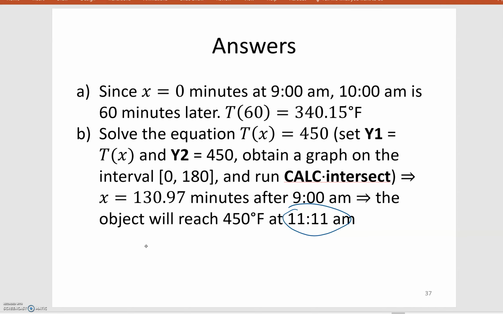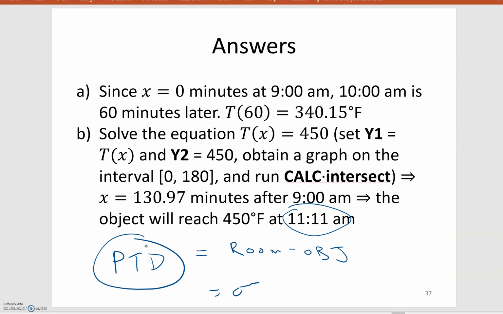Okay, so that completes section 5.3 in our discussion of Newton's law of heating and cooling. I do find that people tend to miss these problems a lot, and I think it really comes down to understanding the fact that we have an extra step that we have to do, which is this PTD step, and understanding how the PTD relates to either room minus object or object minus room.